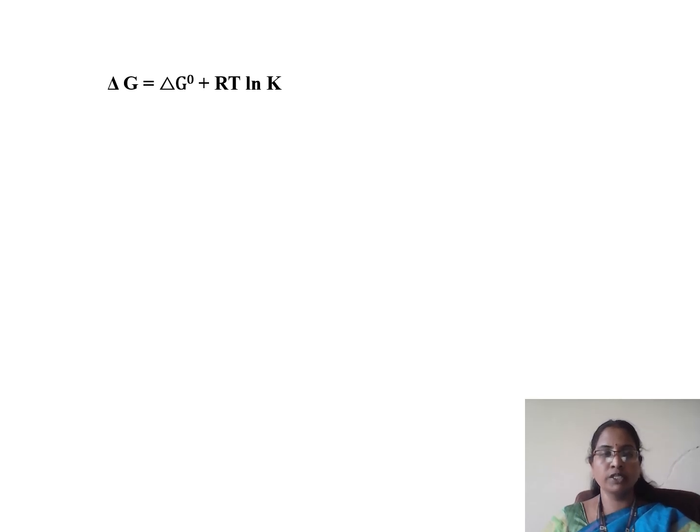T is the absolute temperature, that is room temperature, 25 degrees centigrade or 298 Kelvin.